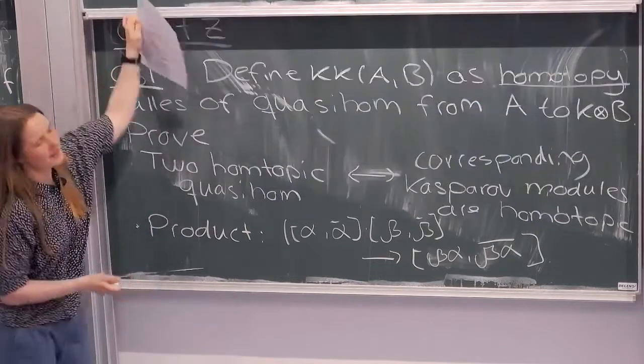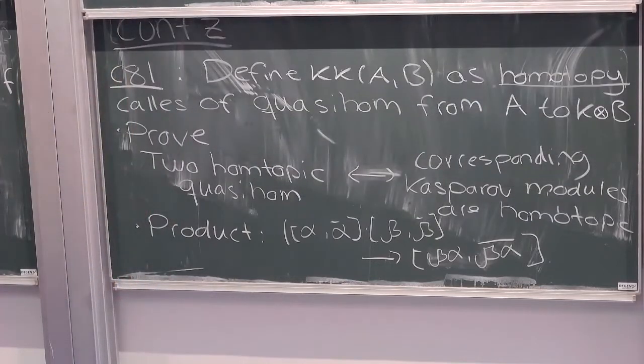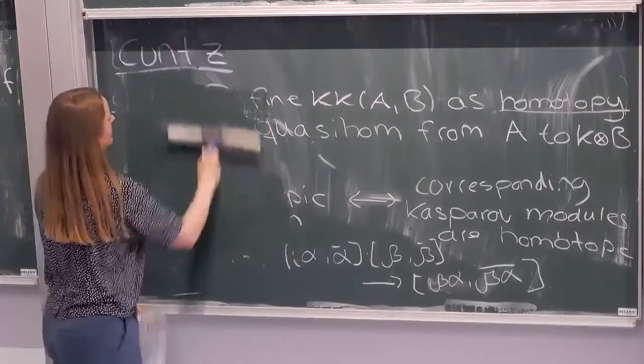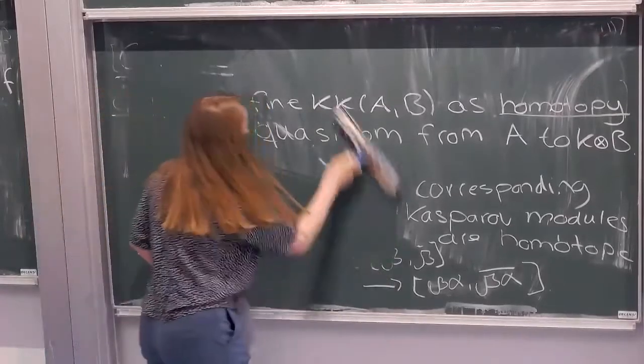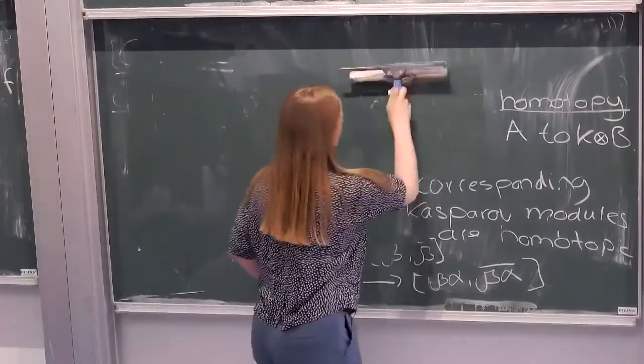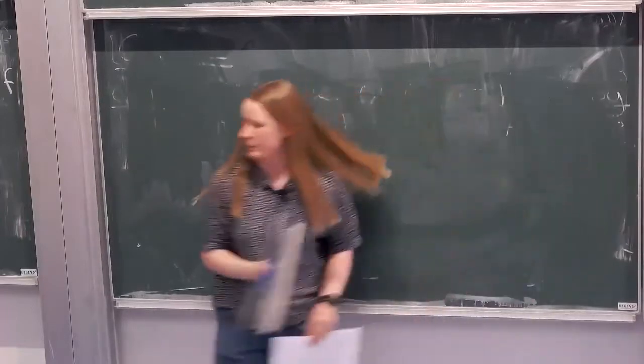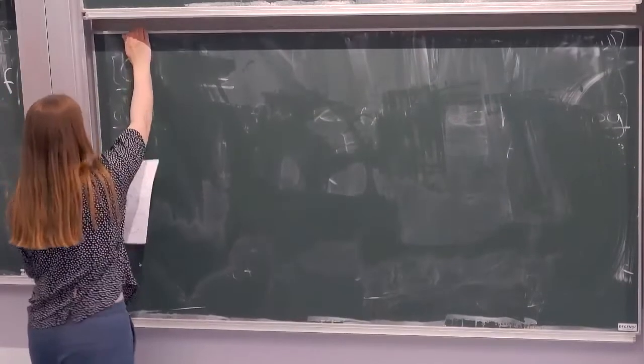So now we can almost see the connection between these maps and these pre-Cuntz pairs.